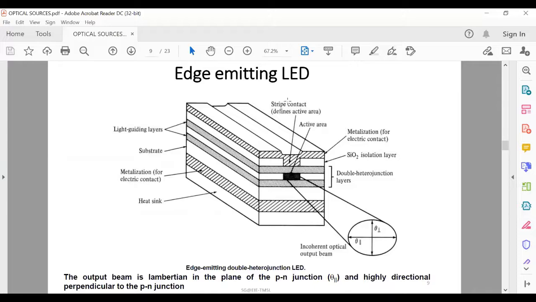Now, it consists of an active junction region, which is basically the source of incoherent light, and two guiding layers. Here the refractive index of these guiding layers is lower than the active region, but higher than the outer surrounding material. That's why a waveguide channel is formed, and optical radiation is directed into the fiber.